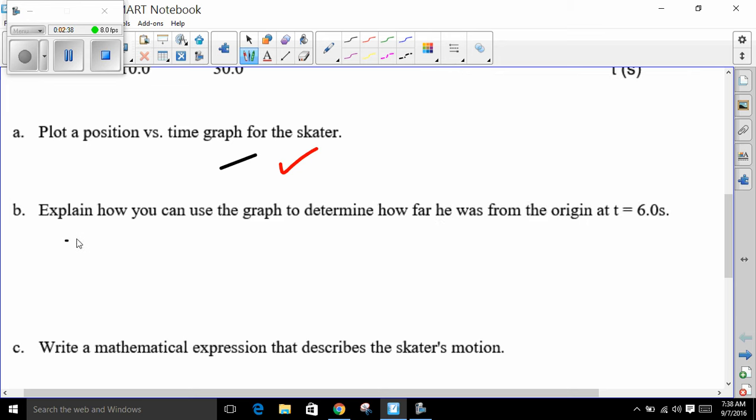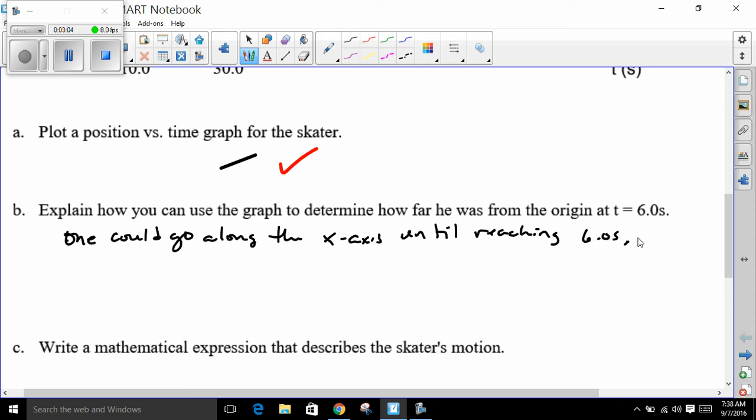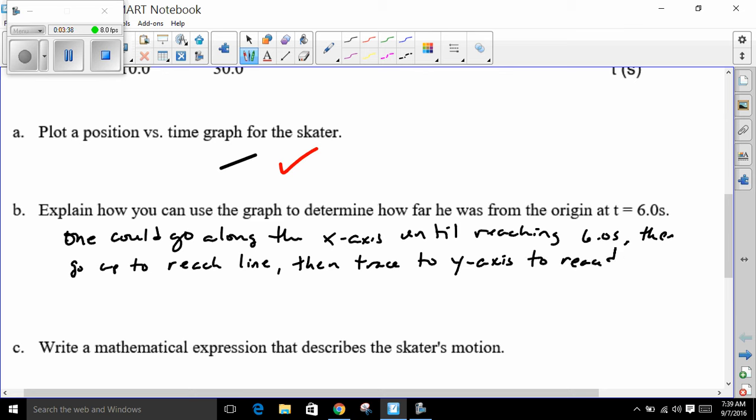Okay, so one can go along the x-axis until they get to 6 seconds, then go up to reach the line, then trace to the y-axis to read the position.